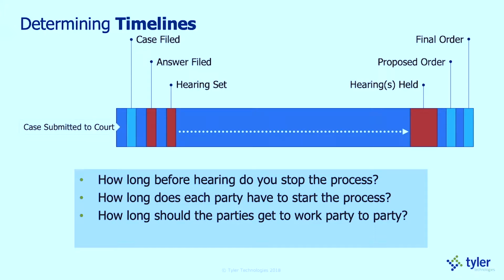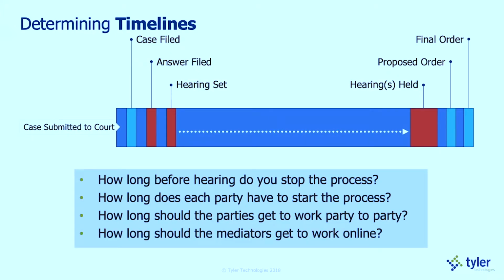Those are things that you need to start thinking about and understanding, and talking to some of the mediators that help in your court. And then the last one is kind of the same thing: how long does the mediator have? Do we want to allow them a week or 2 weeks or even longer to negotiate back and forth with the parties and help them come to a settlement? These are all things that you need to think of as you're coming up with your timelines.